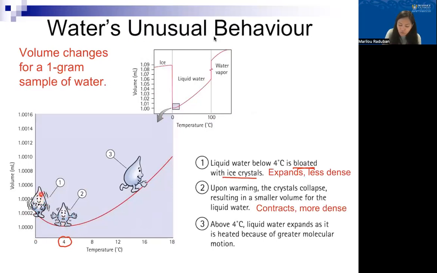So from the ice crystals that are bloated and have bigger volume, if you try to heat up these ice crystals, the ice crystals will collapse, okay, as they lose their shape and turn into liquid water. So you have there a smaller volume, and 4 degrees Celsius is again the point where the ice crystals start to contract.